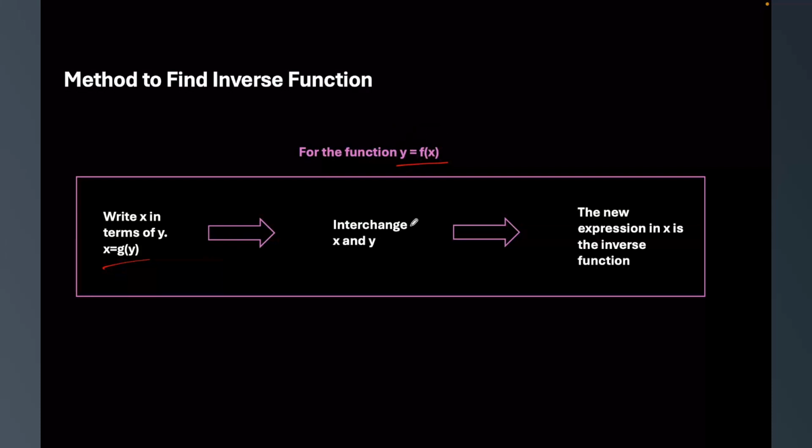Same thing, but just interchanged. That's what we have done, interchanged it. Now, we just solve for x, or we solve for g of y. That's it. Nothing else changes.